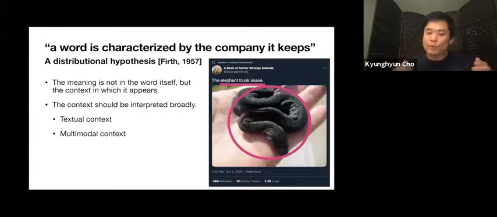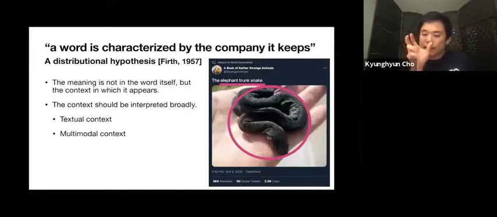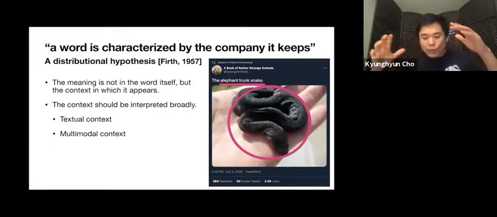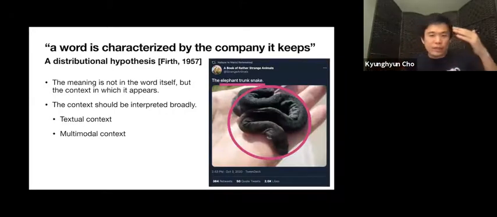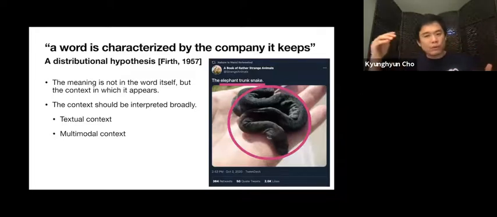Another case would be multimodal context. So we have a word or a phrase that we want to know the meaning of, and then we can look at what kind of other modalities, such as vision, images, or speech, appear together with it.